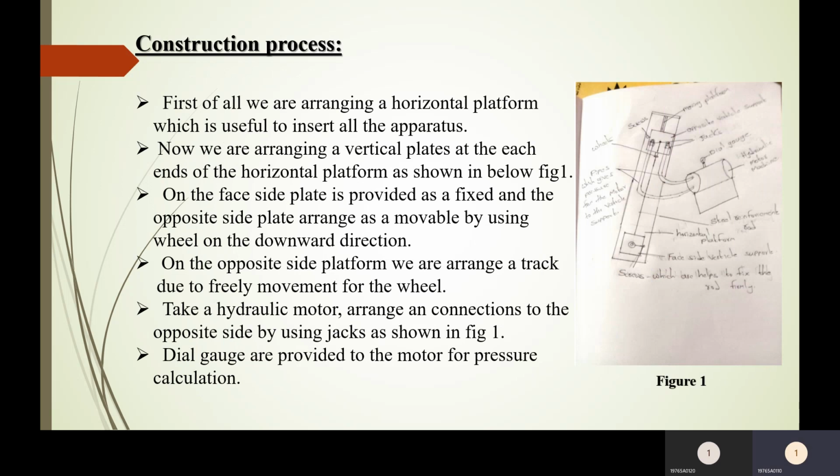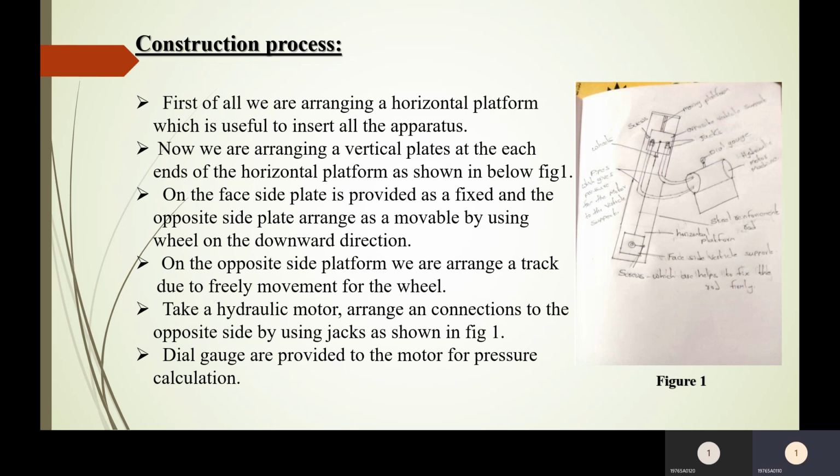Now the construction process. First of all, we arrange a horizontal platform, which is useful to insert all the operators. As figure 1 shows, it is a total plan of the equipment. First, we apply a horizontal member. Based on that horizontal member, we fix vertical supports, one opposite vertical support on the face side and another on the opposite side.